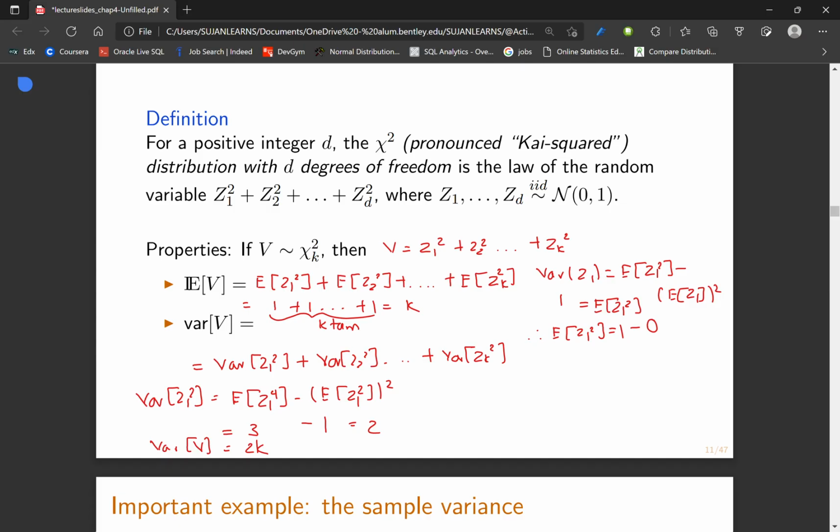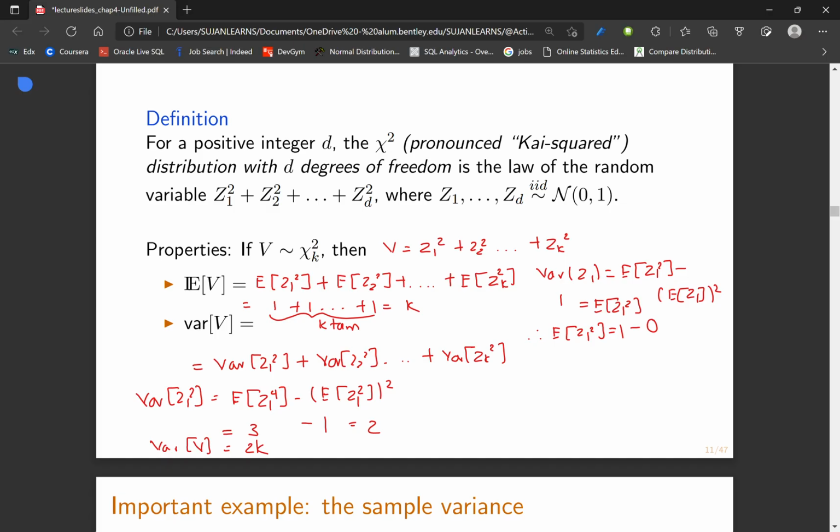And looking at the chi-square distribution, if k, the degree of freedom, is large enough, then the chi-square distribution is approximately a Gaussian distribution with mean k and variance 2k because of the central limit theorem.